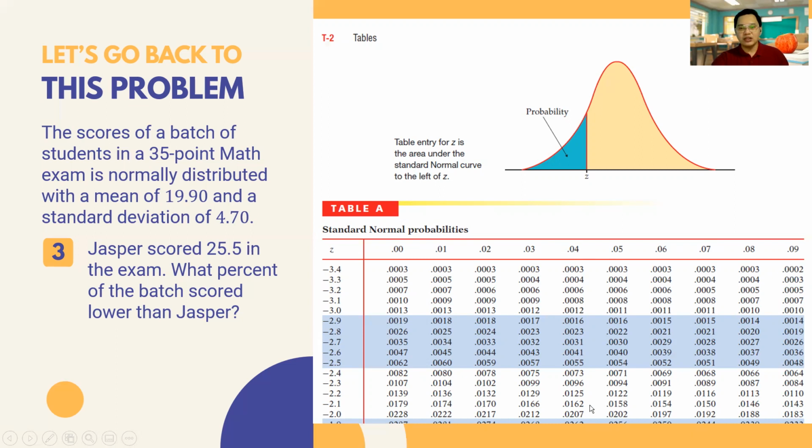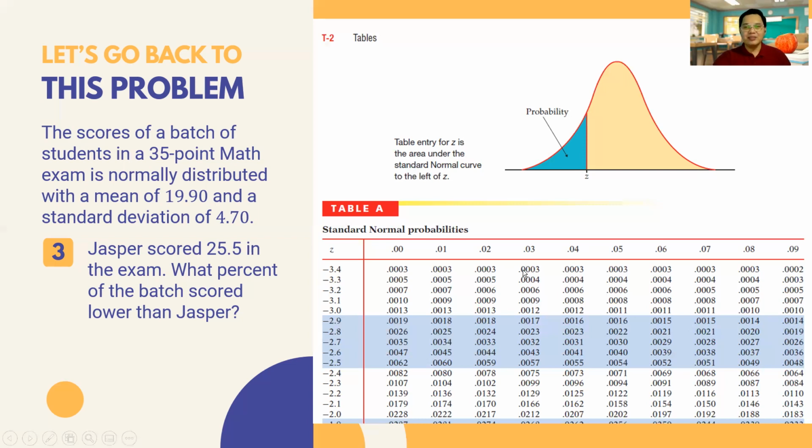Now, the intersection of those two values should give us the area of the region to the left of z equals negative 2.04. And that's actually equal to 0.0207. That's 2.07%. So the area to the left of the z-score negative 2.04 is equal to 2.07%.